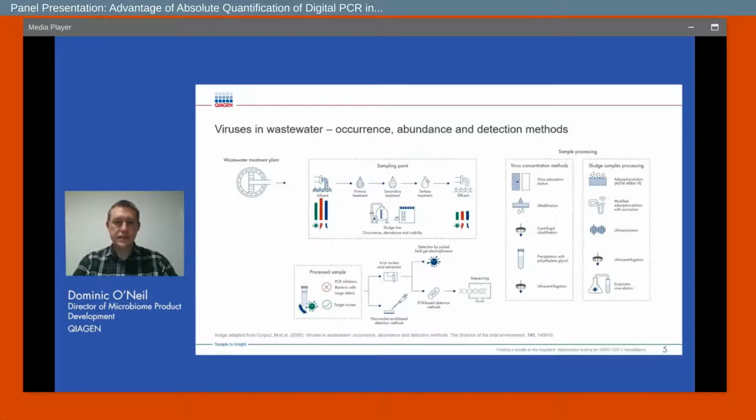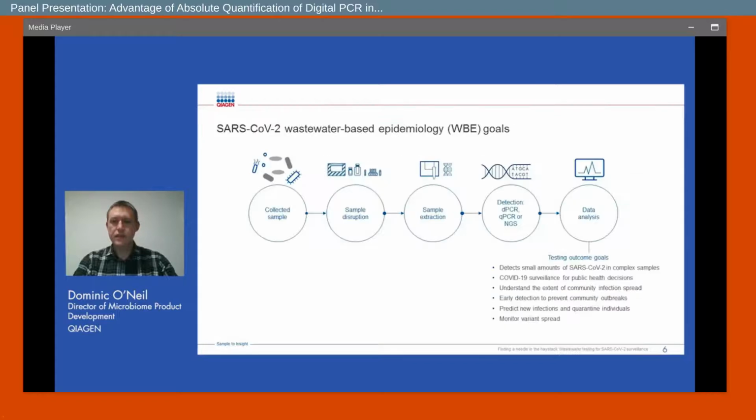And as mentioned in the slide earlier, the importance of SARS-CoV-2 wastewater-based epidemiology is to detect small amounts of SARS-CoV-2 in complex samples, perform surveillance for public health decisions, which will let you understand the extent of the community spread, provide early detection, which you can then potentially use to prevent community outbreaks, predict new infections and quarantine people as the outbreaks begin, and also very interestingly, it's potentially used to monitor variant spread.